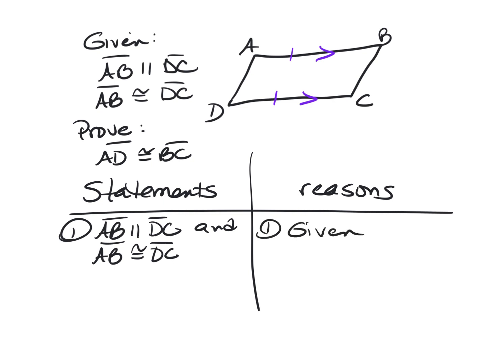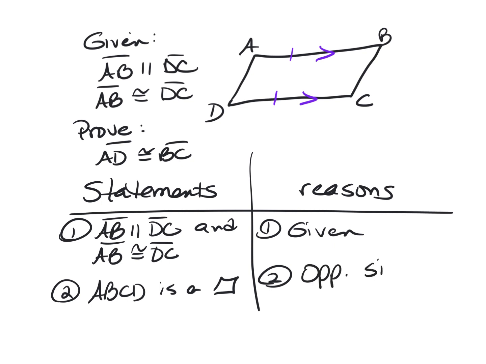The next thing I can do is that's enough information to prove that ABCD is a parallelogram by using the new theorem we just learned. And that's what I'm going to state, that ABCD is a parallelogram, and the reason is using the opposite sides parallel and congruent theorem.